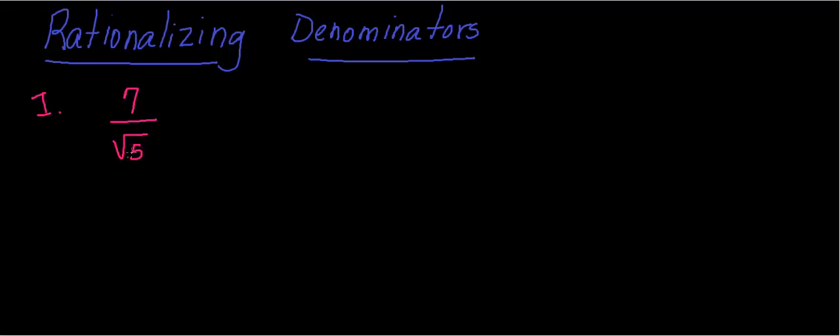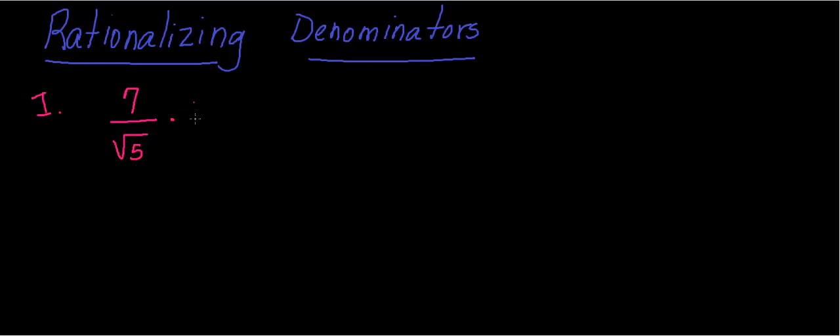So whenever you have a square root, a third root, a cube root, a fifth root, whatever n root you have in the denominator, we need to get rid of it. And how we do that when we have this, for example, is we multiply this expression by a disguised 1. I call it a disguised 1.